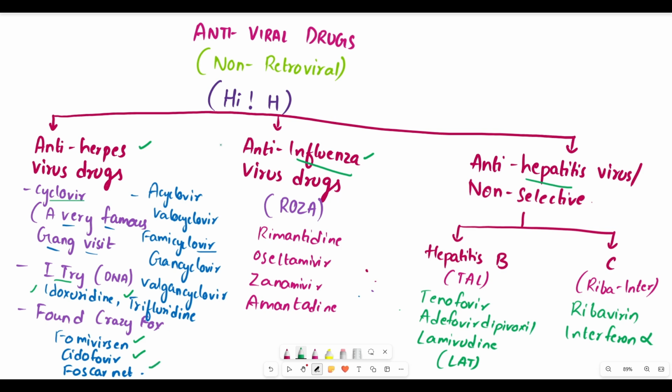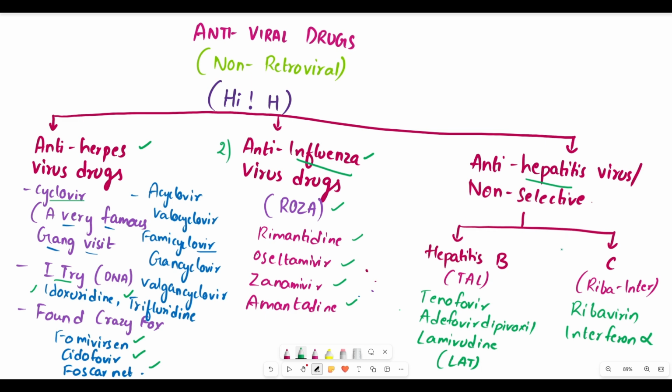And coming to the second class, that is anti-influenza virus drugs. Remember the simple code, that is ROSA. R means it is rimantadine. O means oseltamivir. Z means zanamivir. A means amantadine. So coming back to the anti-hepatitis virus drugs, these are also called non-selective drugs.